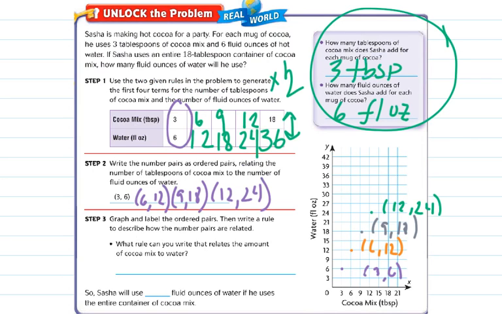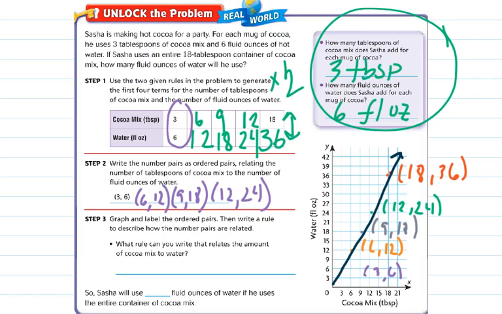And my last ordered pair is 18, 36. It's going to be right up there. And what we can see, boys and girls, is that this is a linear relationship. So we see that our points create a line.